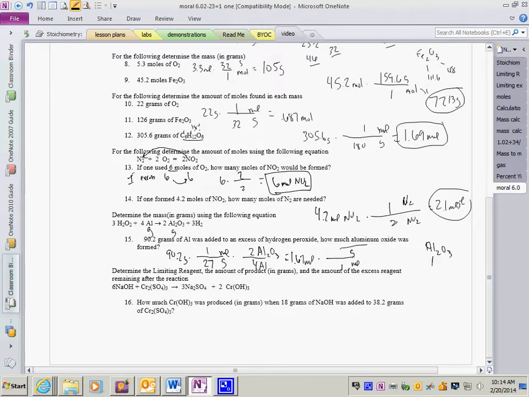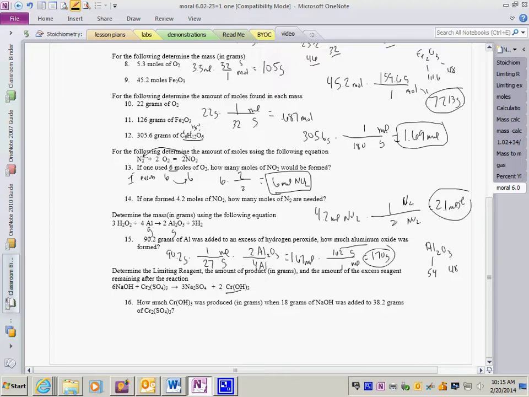This is going to be 27 times 2 is 54, and this is 48, which makes 102, and times your 1.67 equals 170 grams. There we go.